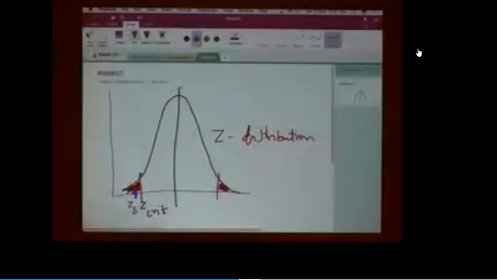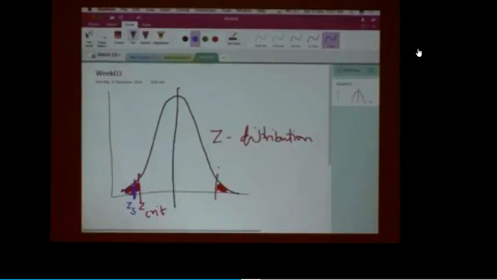And my sample is here. The area under the curve is this much. I can now decide if Z sample is greater than or smaller than?